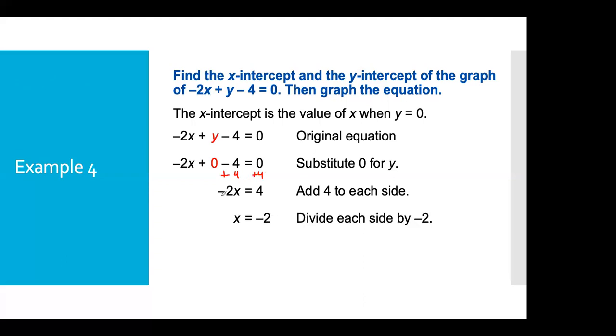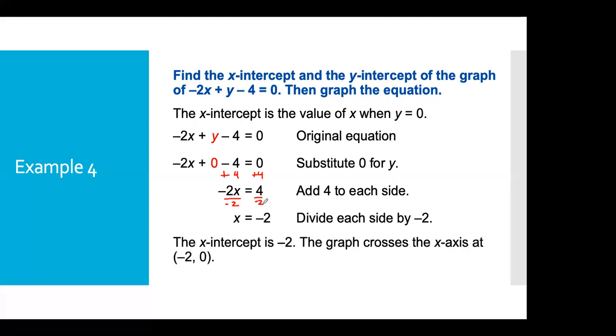And now they divided each side by negative 2 to get x equals negative 2. So the x-intercept is negative 2, so it crosses the x-axis at negative 2, 0.